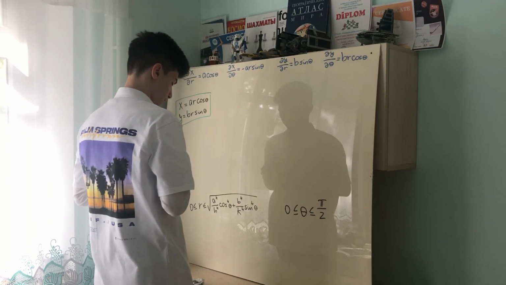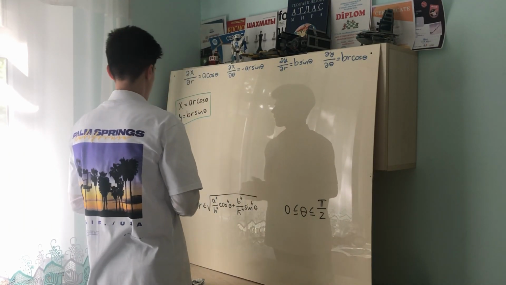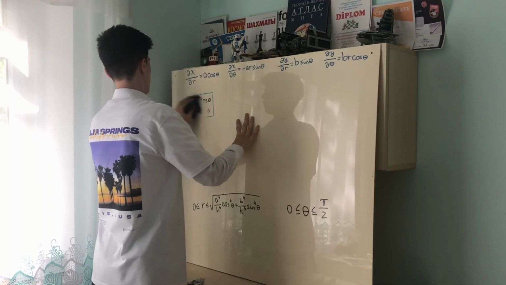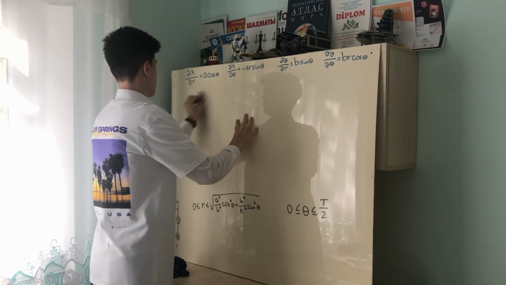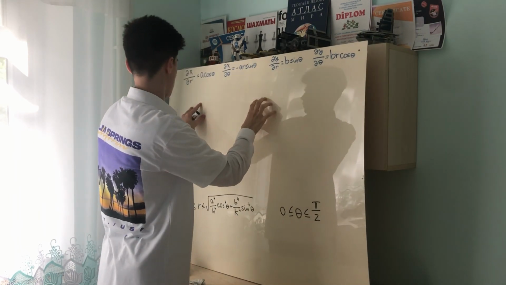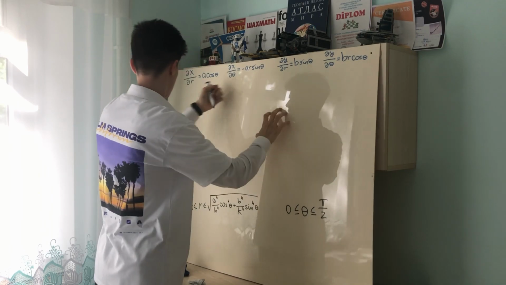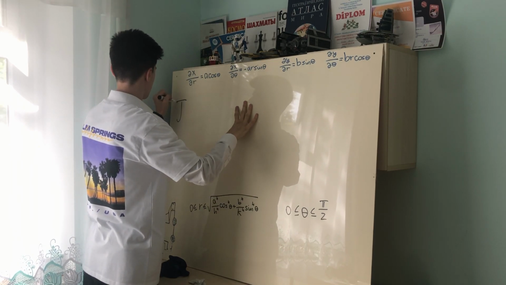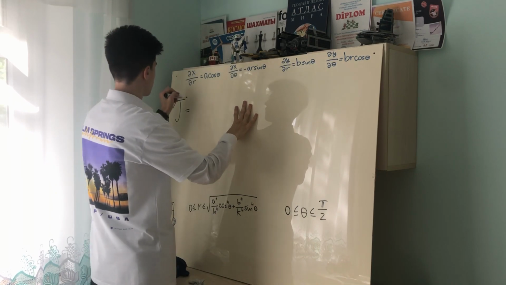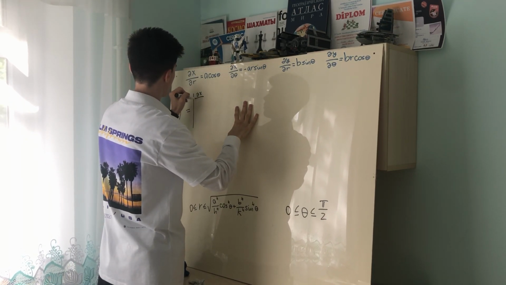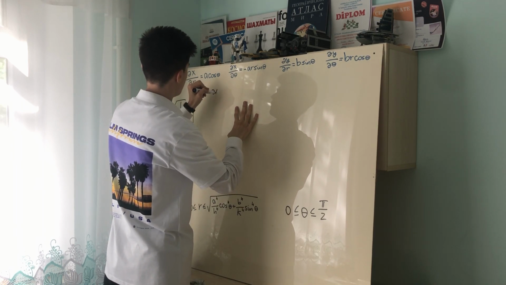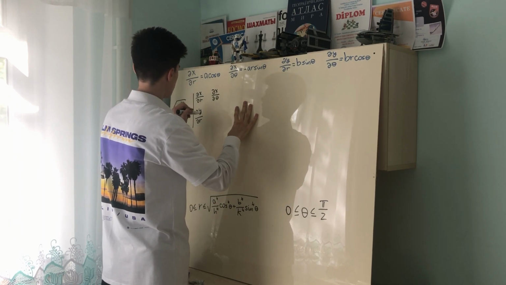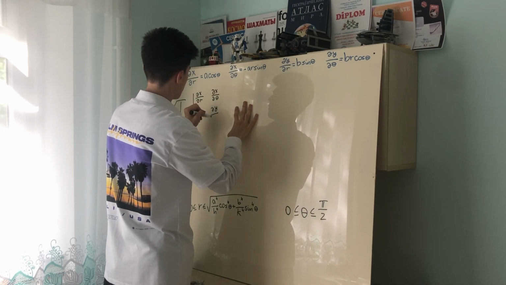So we can write our Jacobian here. dx over dr, dx over d theta, dy over dr, dy over d theta.